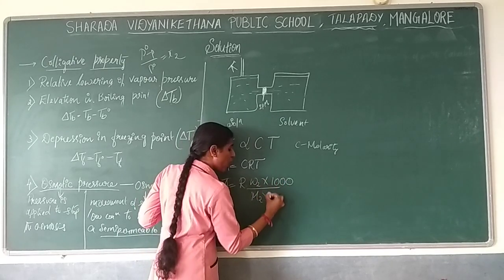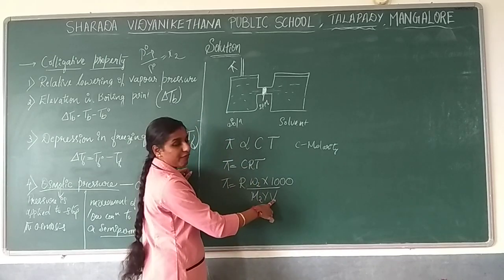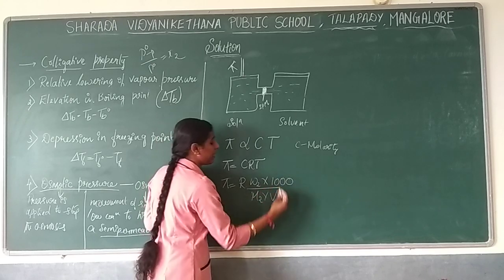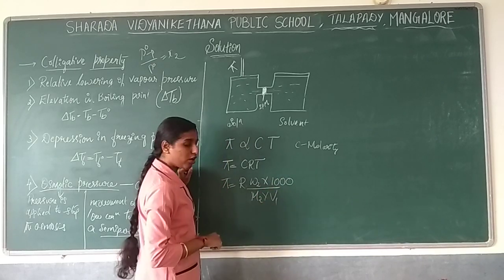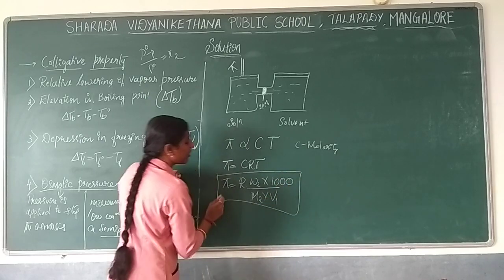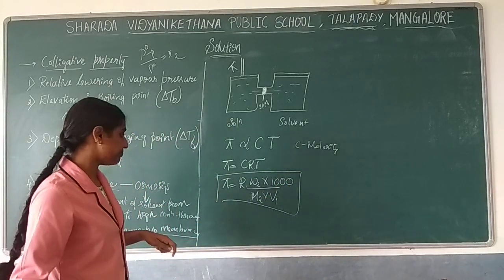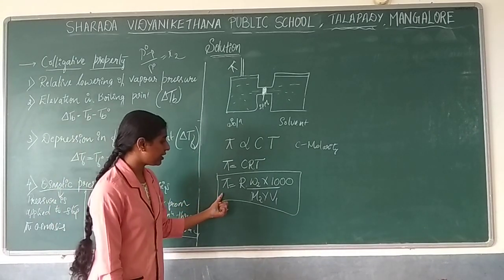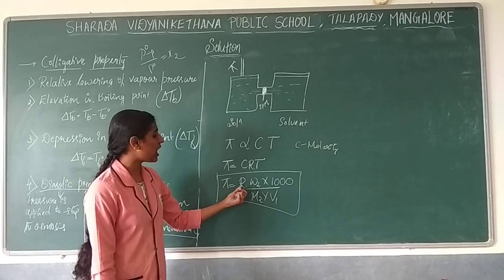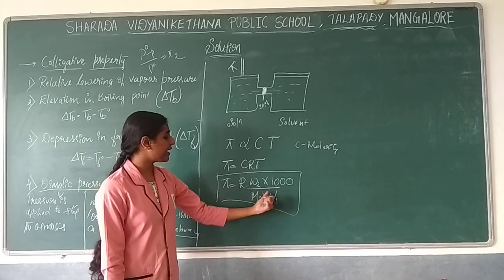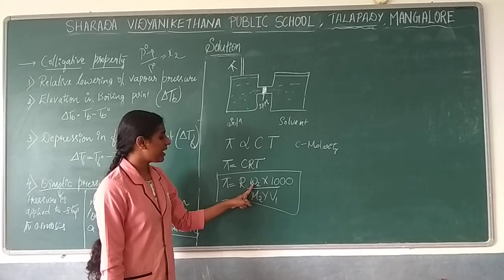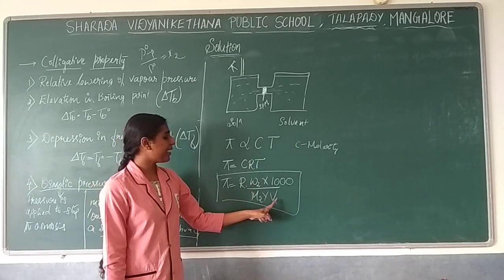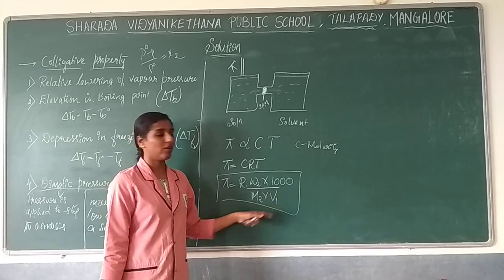If you are taking volume in liters, you can use it directly, or else if it is in milliliters, multiply by 1000. So this is the formula you can utilize for osmotic pressure: pi is equal to R into W2 into 1000 divided by M2 into V1, where W2 represents the mass of your solute, M2 the molar mass of solute, and V1 the volume of the solvent.